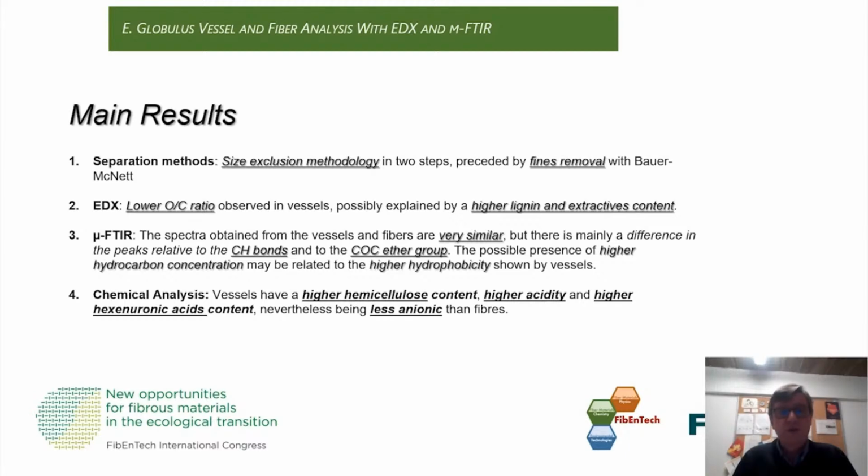MicroFTIR: the spectra obtained from vessels and fibers are very similar, but there is mainly a difference in the peaks relative to CH bonds and to C-O-C ether groups. The possible presence of higher hydrocarbon concentration may be related to the higher hydrophobicity shown by vessels. Chemical analysis: vessels have a higher hemicellulose content, higher acidity, and higher uronic acid content, nevertheless being less anionic than fibers.